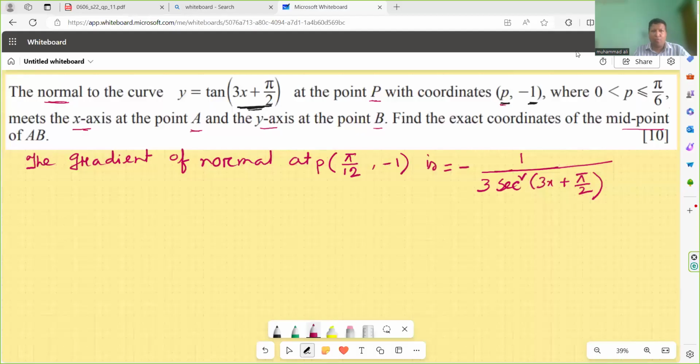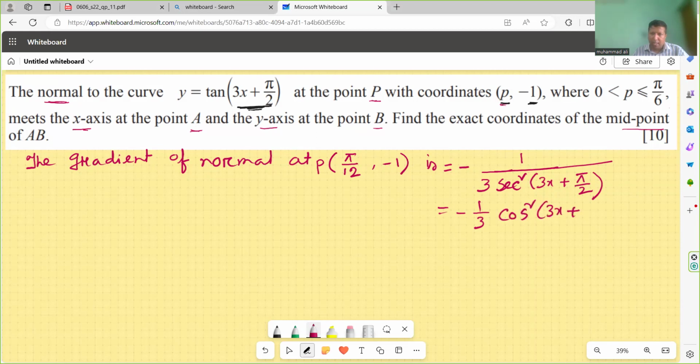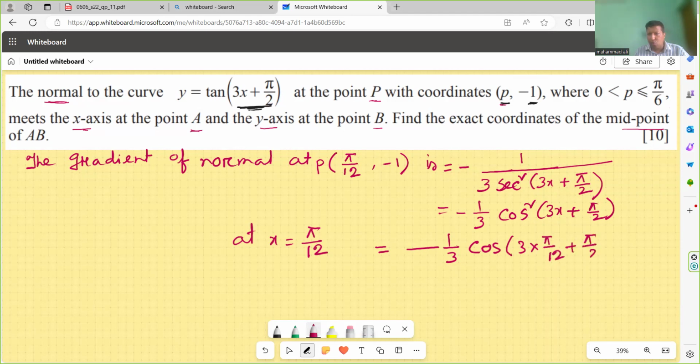Now the gradient of the normal at P(pi by 12, minus 1) is minus 1 by 3 sec squared(3x plus pi by 2). So it will be minus 1 by 3, and we know that 1 by sec squared means cos squared, so cos squared(3x plus pi by 2). At x equals pi by 12, it is minus 1 by 3 cos squared(3 into pi by 12 plus pi by 2).